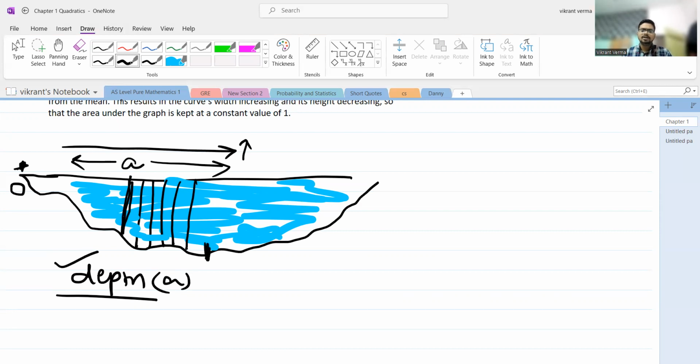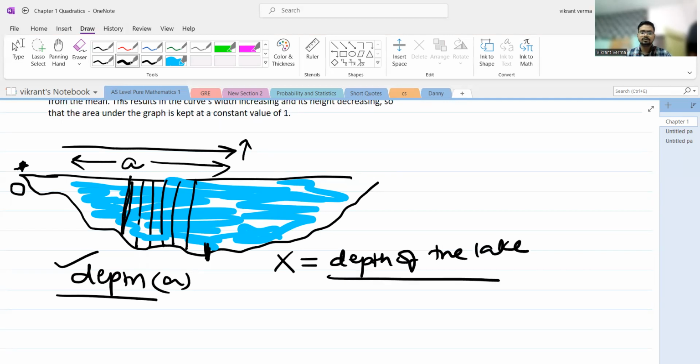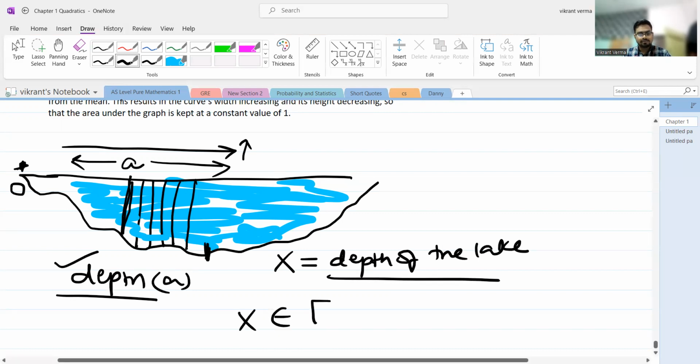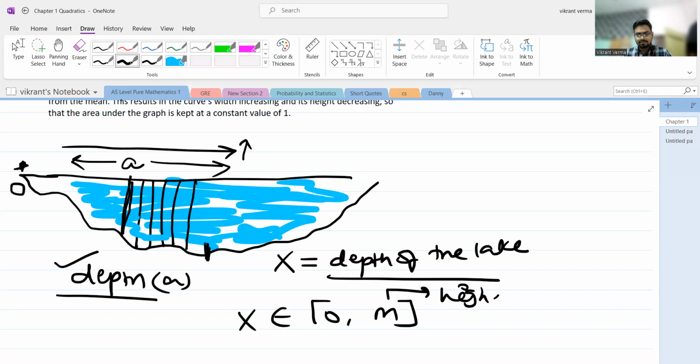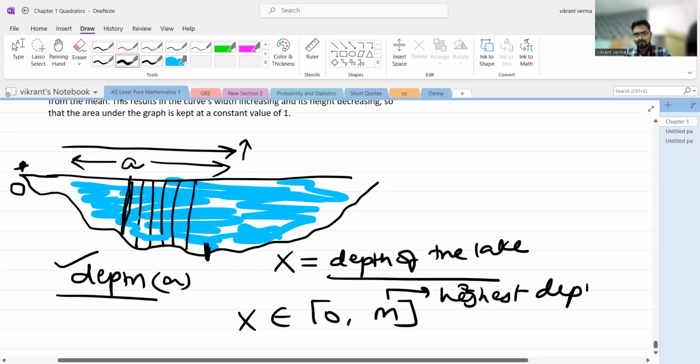If I pick the capital letter X and X denotes the depth of the lake, then X is a random variable, and X will take values from 0 to some value capital M, where capital M is the highest depth of the lake.